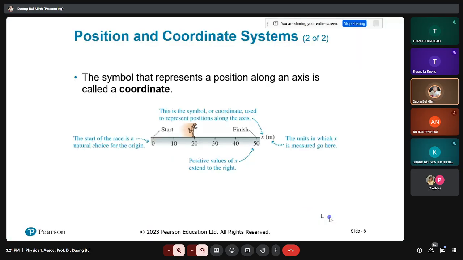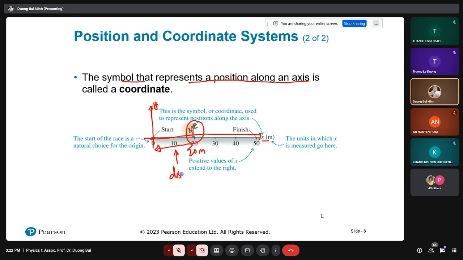Look, the symbol that represents a position along an axis is called the coordinate, right? Here, this is 0, this is y, this one is x. If we consider that person, she is 20 meters from the origin.